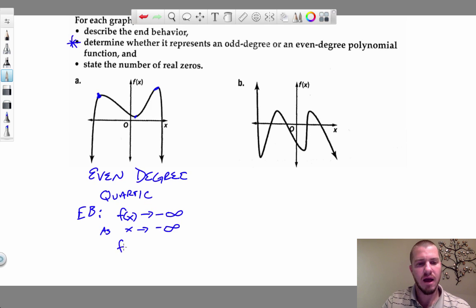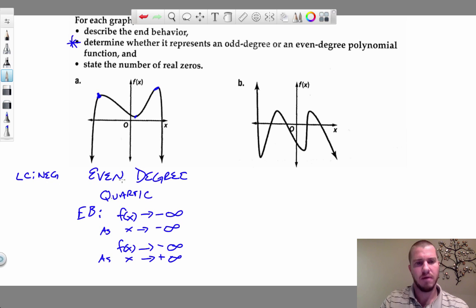And on the right side it's going down, so f of x approaches negative infinity as x approaches positive infinity. As x is going to the right, f of x is going down. So I have an even degree, and my leading coefficient is going to be negative.